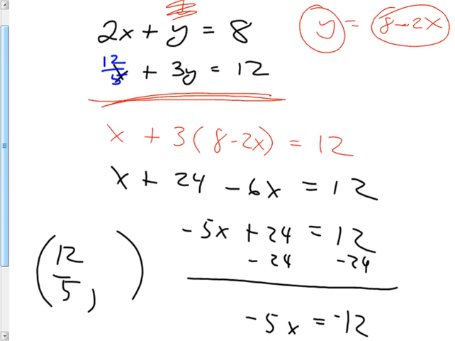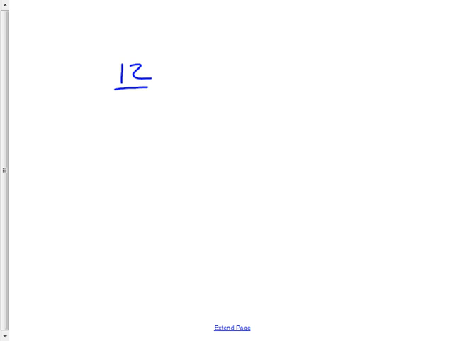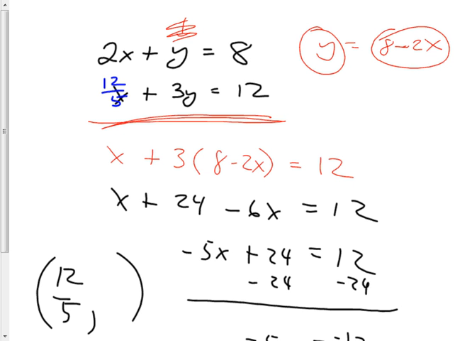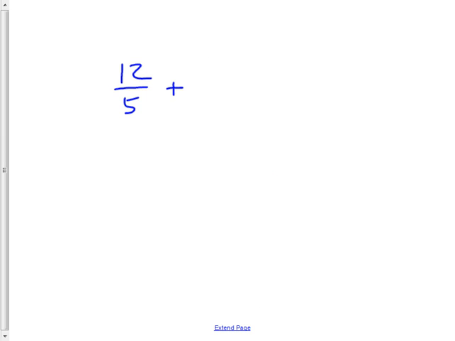All right, you want a tip for solving an equation that's got a fraction in it? 12 fifths plus, let me see here, 3y equals 12. Whenever you have a fraction in this class, and next year too, try to get rid of it.